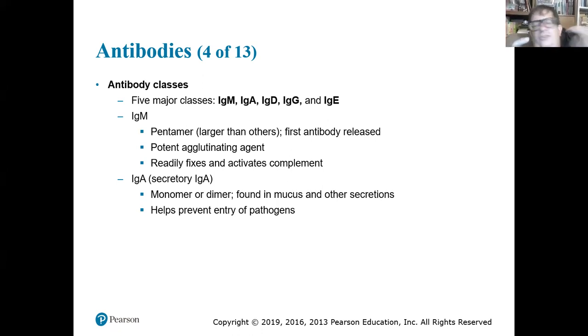And that makes it easier for a white blood cell to track them down and eat them. Anyway, readily fixes and activates complement proteins. Great. So also puts those things onto stuff that can pop a membrane.